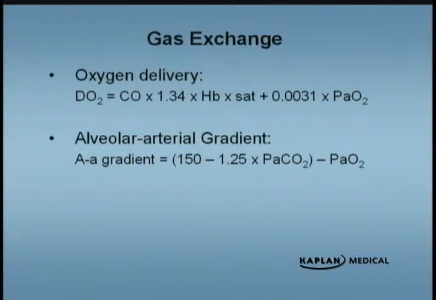So what is this alveolar arterial gradient? Well, all of us have an alveolar arterial gradient. What this gradient really means is that there is a difference between the partial pressure of oxygen that we find in the blood versus the partial pressure of oxygen that is in the alveoli.